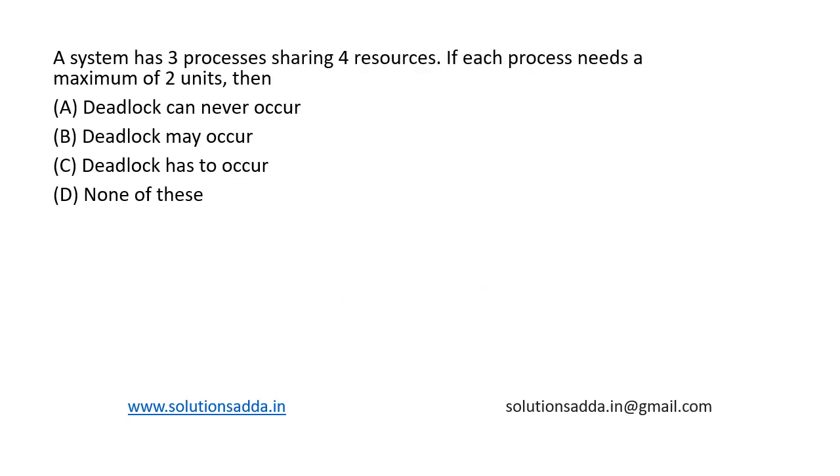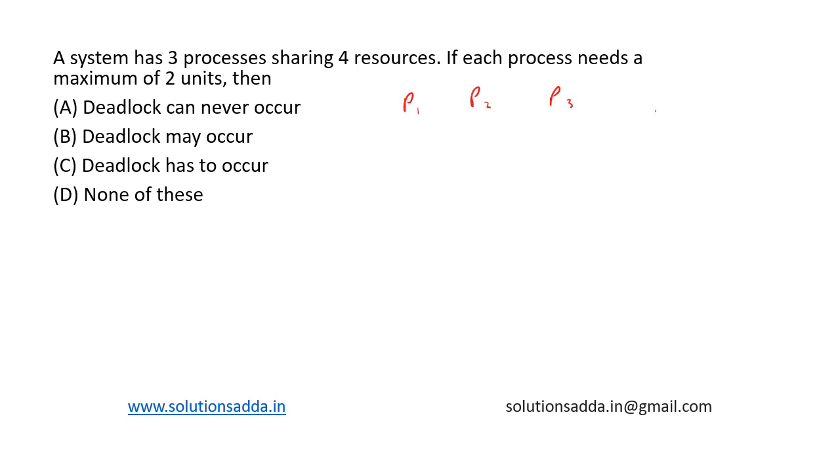This is a question from operating system. A system has 3 processes sharing 4 resources. If each process needs a maximum of 2 units, then deadlock can occur, deadlock can never occur, deadlock has to occur, deadlock may occur, or none of this. So we are given 3 processes, P1, P2, P3.